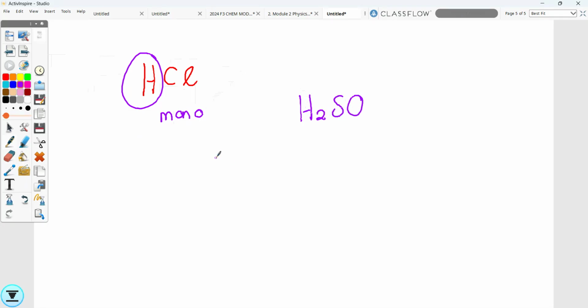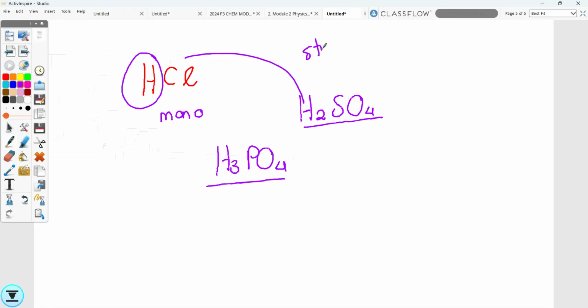Triprotic. H3PO4. So this is a triprotic acid. Which of these is weak? This one. You know, guys, you just told me that these two are strong and this one is weak.